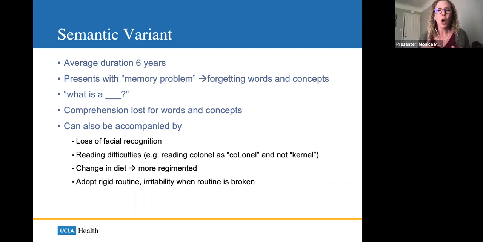It would be like colonel as opposed to kernel, where this is a word that we read as kernel, but they don't have that ability anymore. Again, diet changes happen. And then they also get into another very rigid routine. This is what it must be, and this is what it must be at all times. If it's not like this, then they're going to get upset.